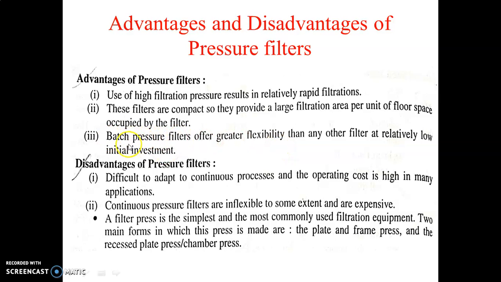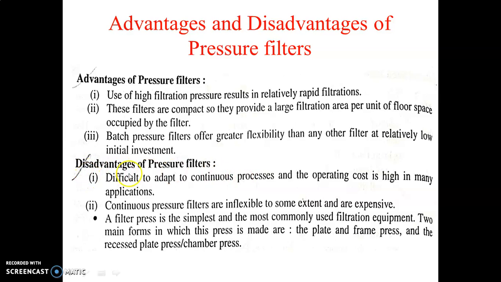So if we use batch filters, they provide greater flexibility, and they also have a low initial investment. Low initial investment means low cost, that means the purchasing cost is low for these batch filters. So these are the three advantages of pressure filters.